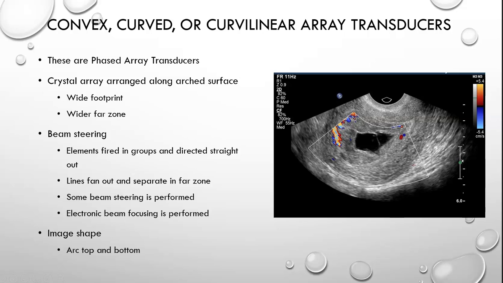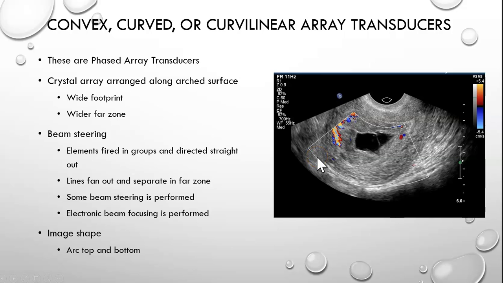Convex curvilinear array probes are phased array transducers. The crystal array is arranged along an arch surface, which gives you a narrow near field and a big deep far field. Beam steering is done to some extent, but really most of the beams go straight.